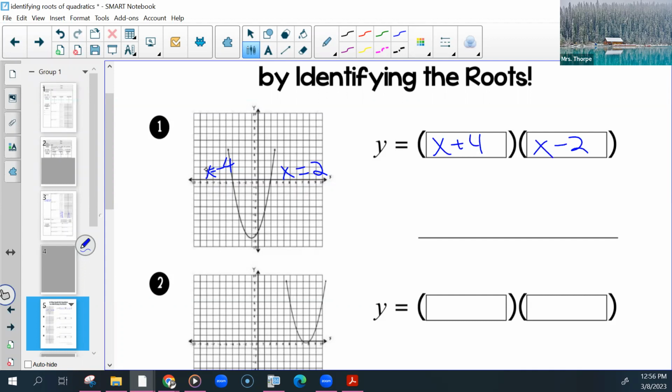So this next part is not necessary, but if you wanted to see what this actual equation is, that's what this space is for, you could distribute this out. So this would be x squared minus 2x plus 4x minus 8.